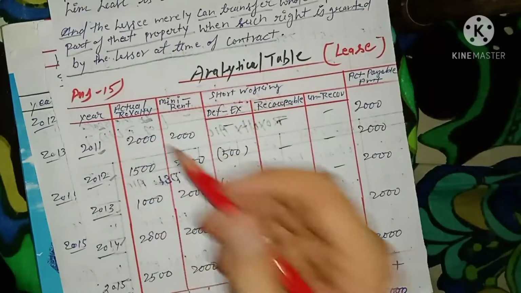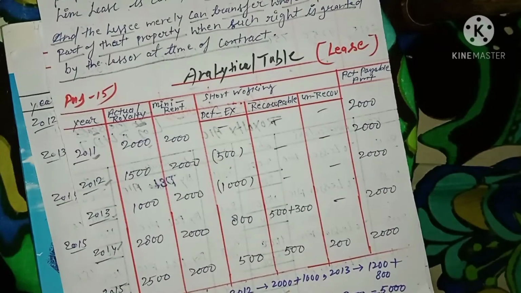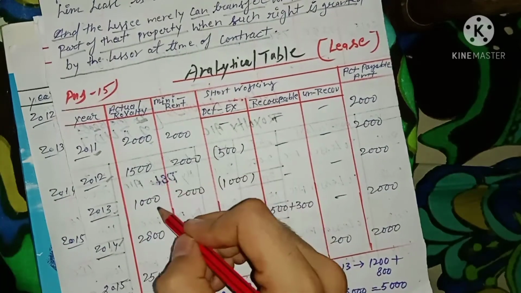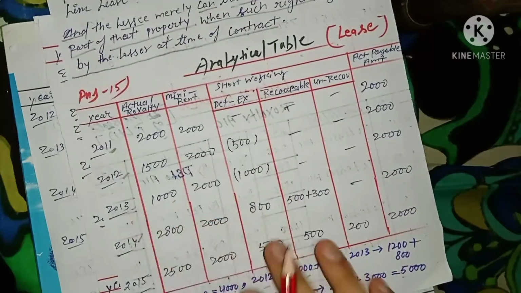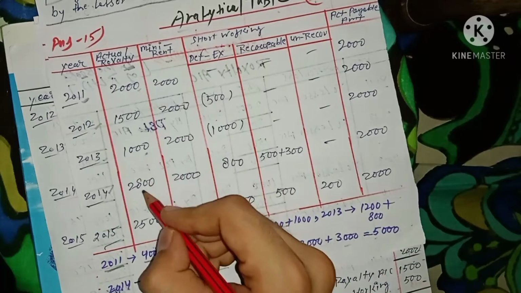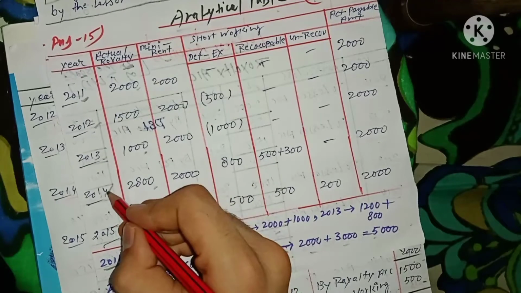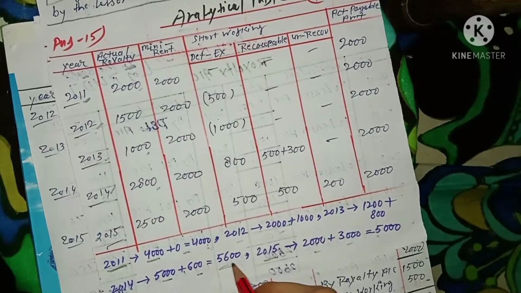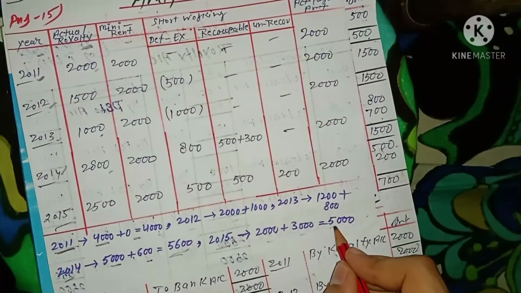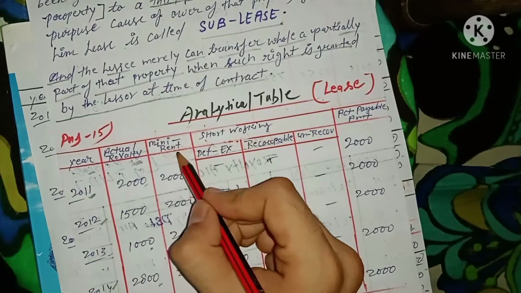Here you can see, multiply 0.50 with 4000, with 3000, 1500, and 2000 plus 1000 in the year 2013, and 2800 in the year 2014, after multiplying with 5600, and 2500 in the year 2015, after multiplying 5000 with 0.50. So here you can see the same thing, and let's figure out the minimum rent amount.